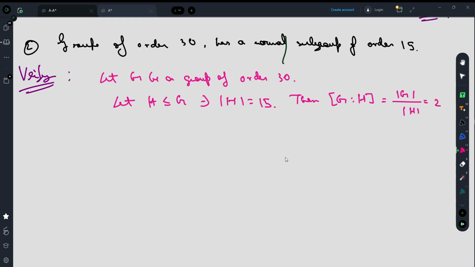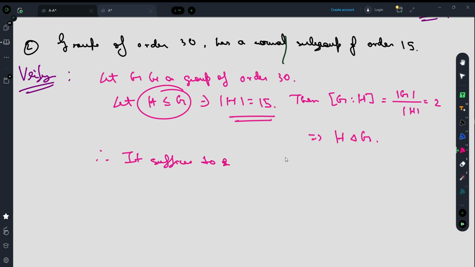Then the index of H in G, which is the order of G divided by the order of H, is 2. But recall we had shown that subgroups of index 2 are normal. So H is normal in G. To show that there exists a normal subgroup of order 15, it suffices to show there is just a subgroup of order 15, because if it exists, then it's indeed normal.